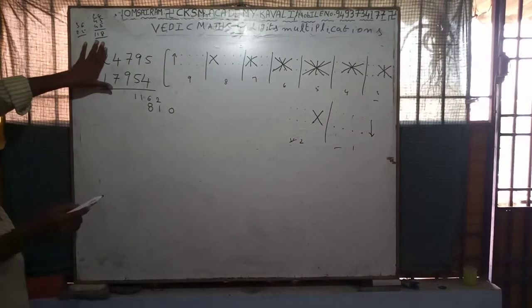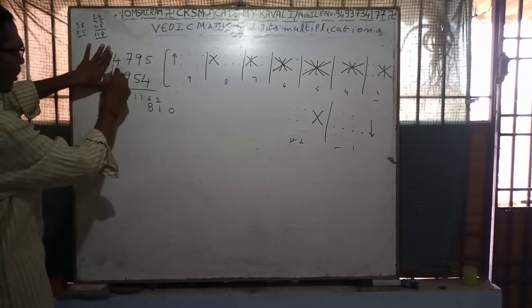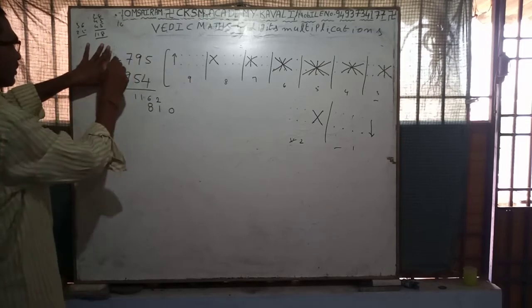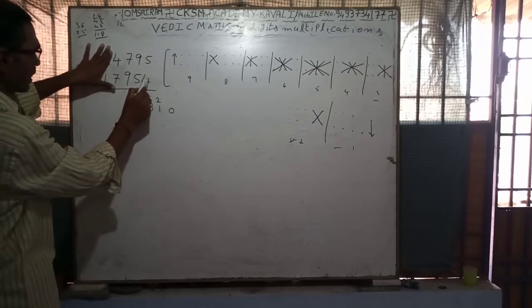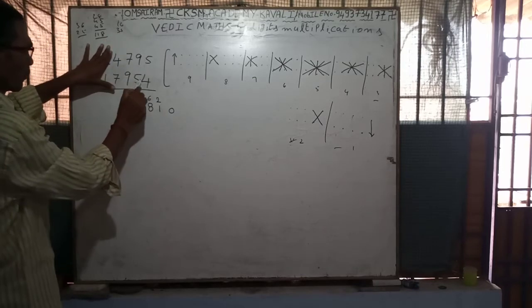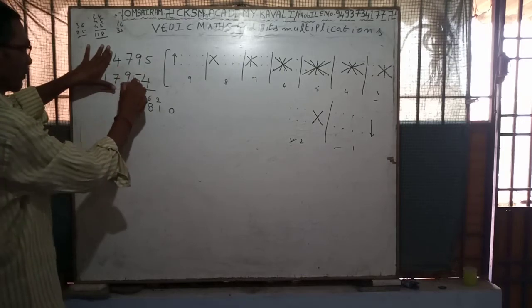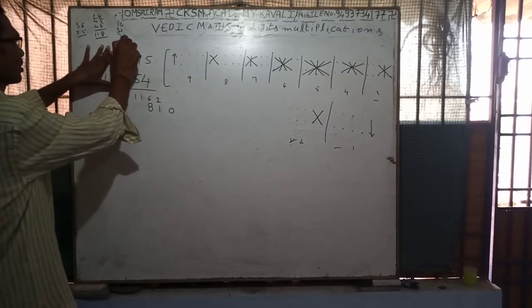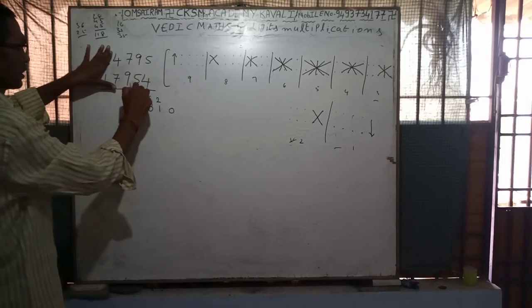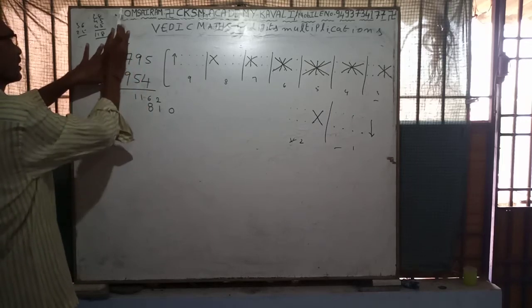The fourth step means we take only 4 columns. 4 4s are 16. 5 7s are 35. 7 5s are 35. 4 4s are 16. 9 9s are 81.